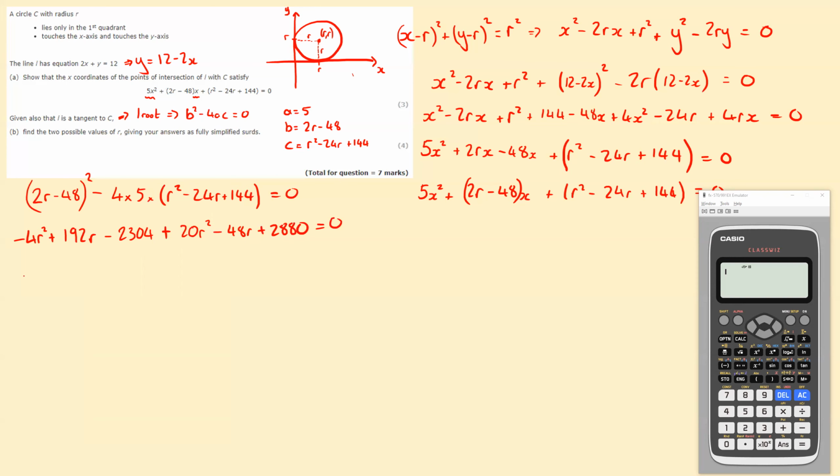So sorting all this out, we get 20 minus 4 is 16r squared. 192 minus 48 is something. Really? Have I done something wrong here?